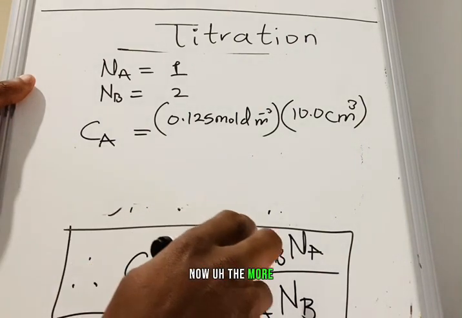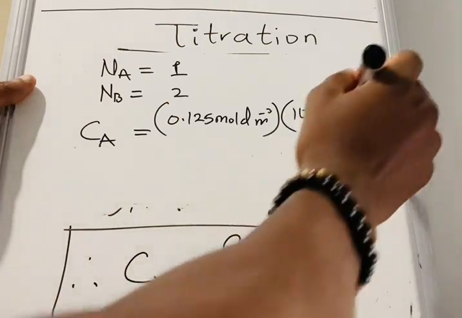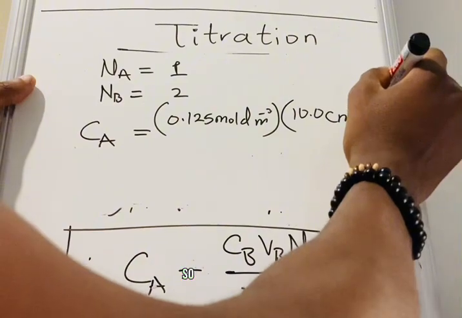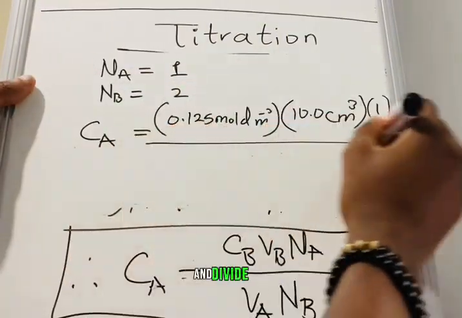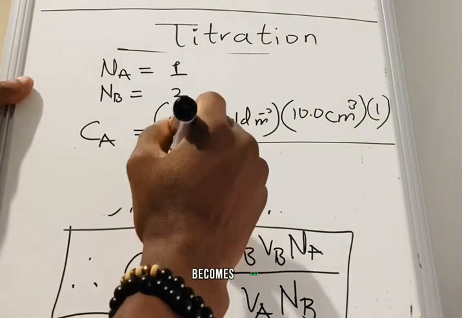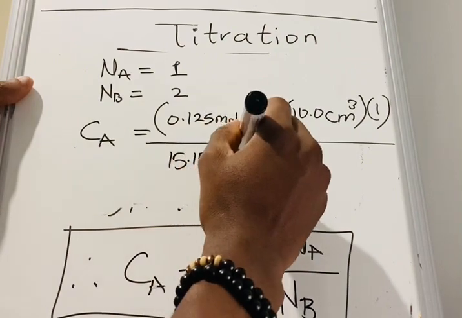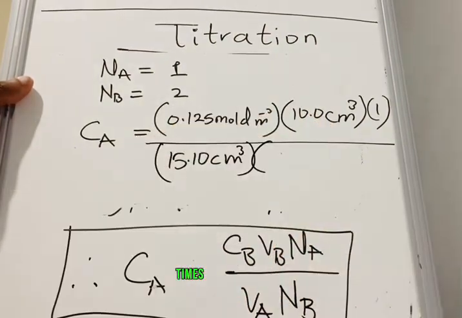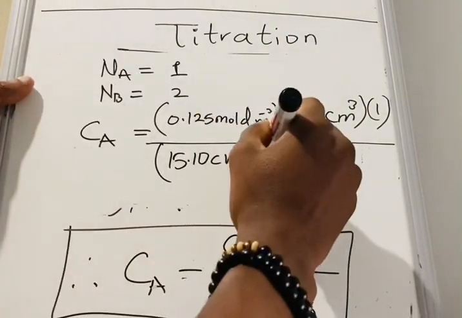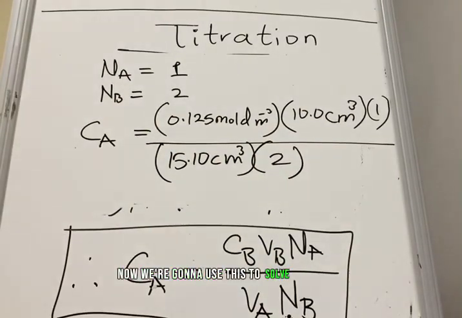Now the mole of the acid is 1, so we'll multiply this by 1 and divide by the volume of the acid, which is 15.10 cm³, times the mole of the base. The mole of the base here is just 2. Now we're going to use this to solve.